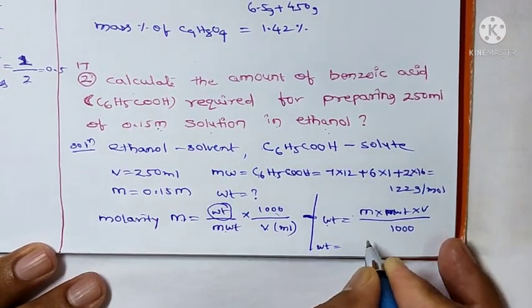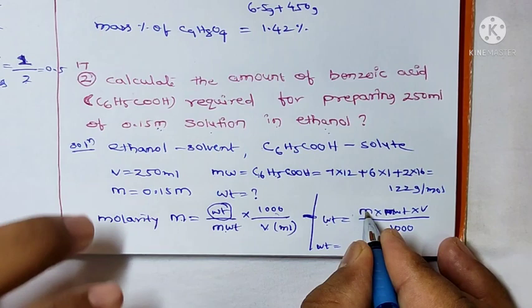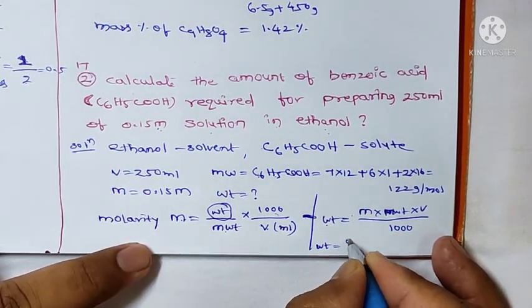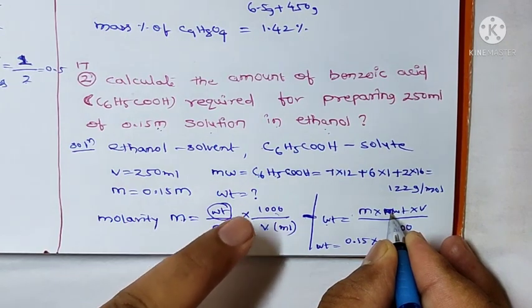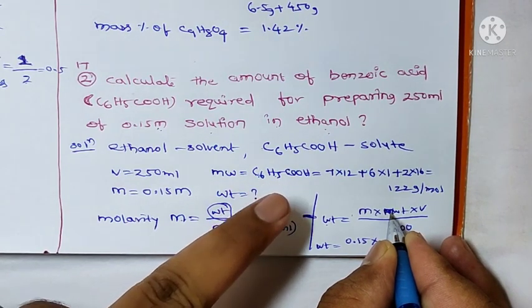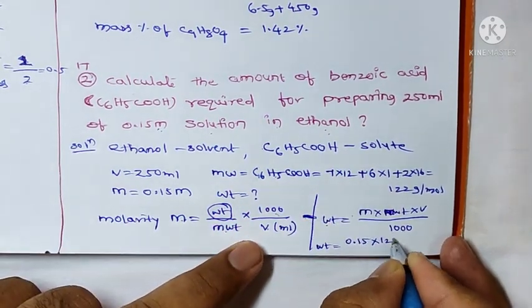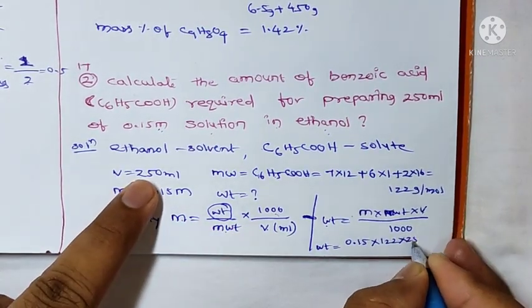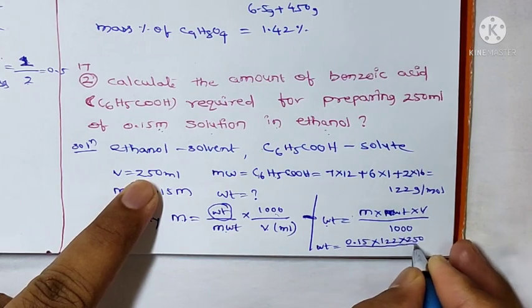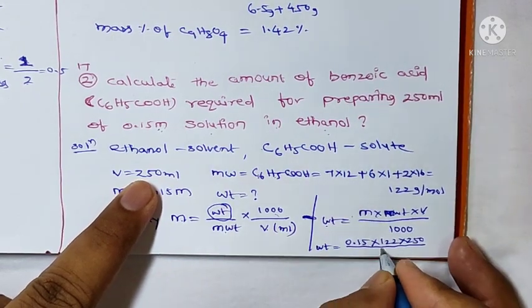So weight is equal to, the values given, M is equal to 0.15 into molecular weight 122 into V 250 ml divided by 1000.